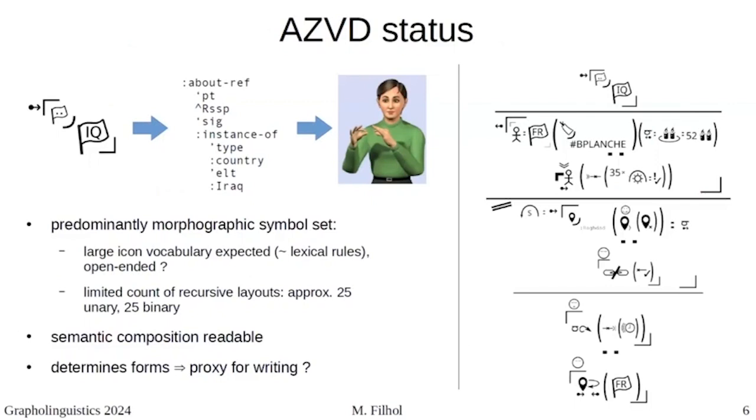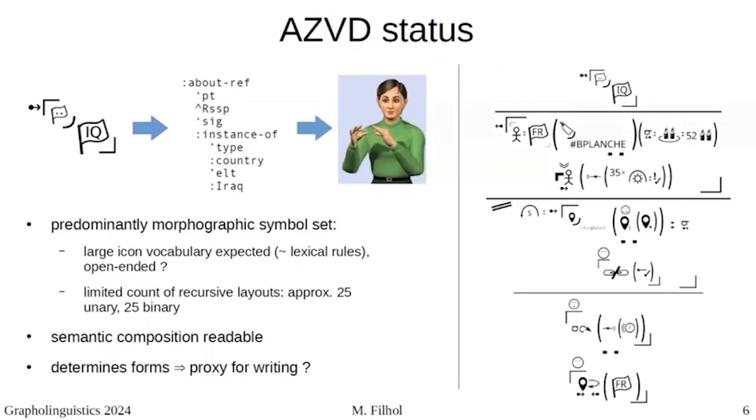So that's what we get. This is country Iraq on the left. So it's readable, at least I think it's decent. Yeah, that determines this expression, and that determines the form to produce.